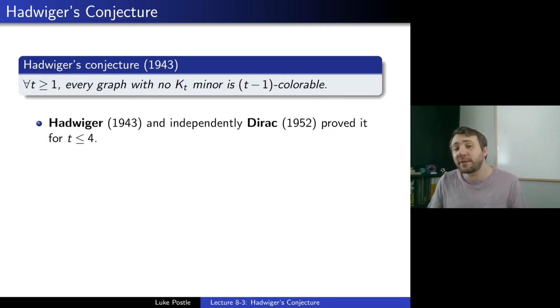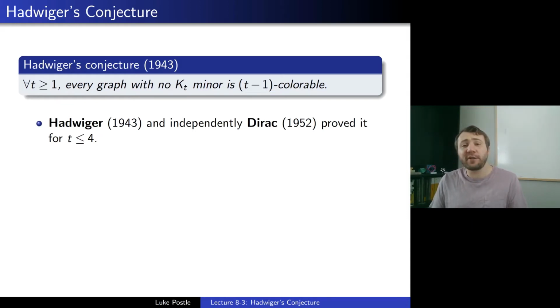K3 minor free graphs are 2-colorable, that's saying that forests are bipartite, so that's easy. The K4 case is a little harder, but Hadwiger in 1943 and Dirac independently in 1952 proved it for t at most 4, namely, importantly for t being 4, that no K4 minor is 3-colorable.